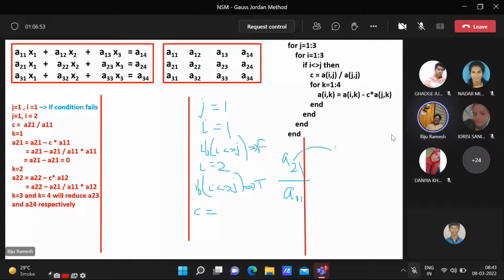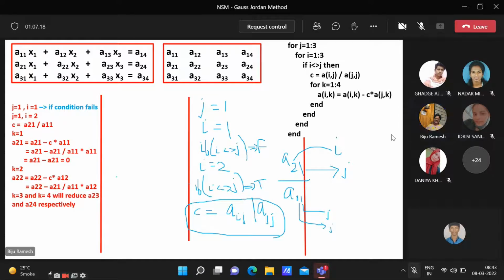It is in i. Where is this 1? It is in j. This is in j and this is also in j. Are you all accepting this? So we write the equation Aij divided by Ajj. Are you all understanding this constant term, students?